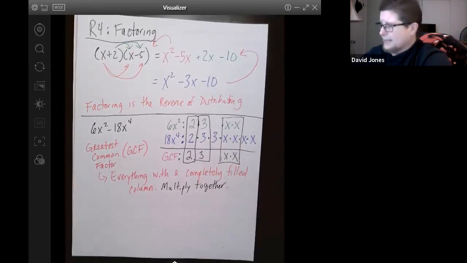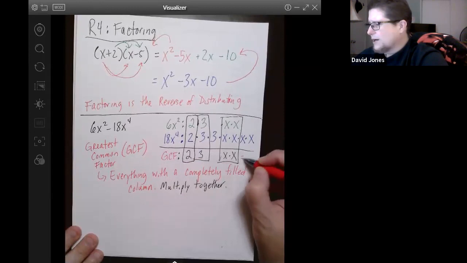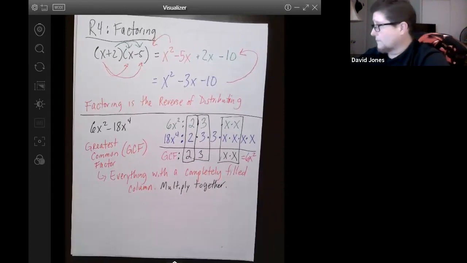And when I do that, 2 times 3 is 6, and x times x is x squared. The GCF is 6x squared. If you do this table, it's kind of handy, because what's left behind is what stays in parentheses.